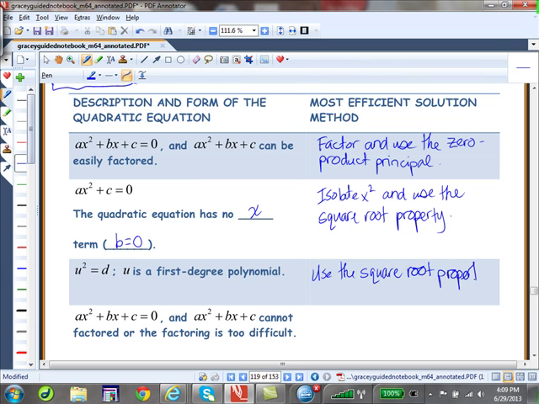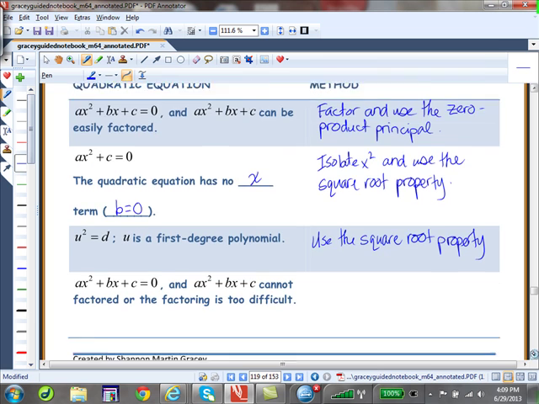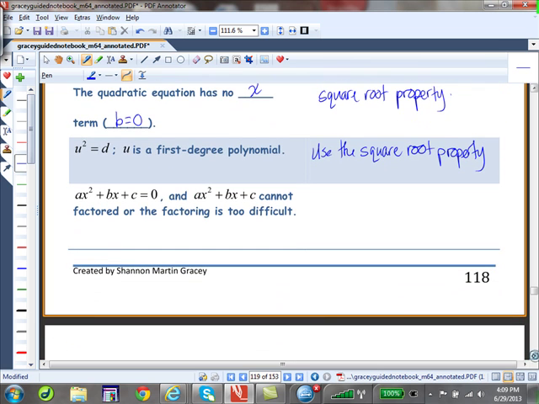And then here we go. If you've got a quadratic that has all the terms and it either can't be factored or the factoring is really hard or you blank on factoring, what the heck, use the quadratic formula.